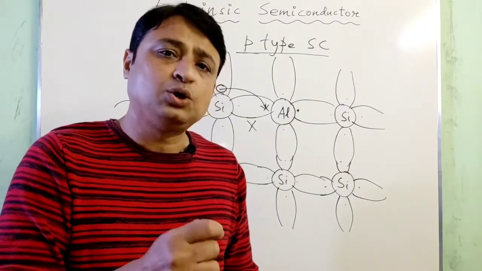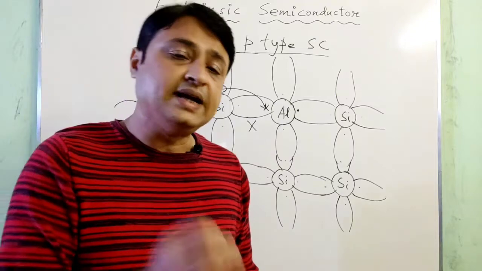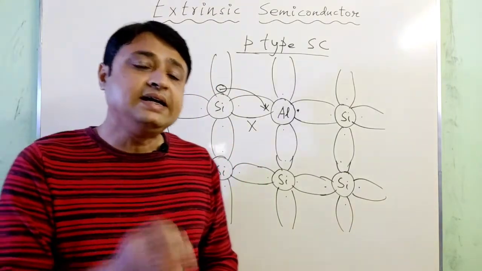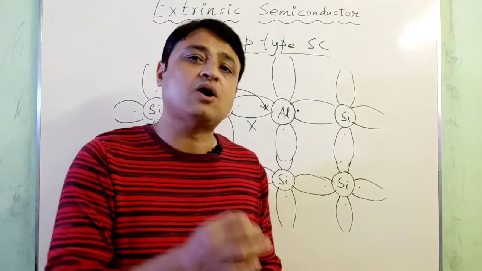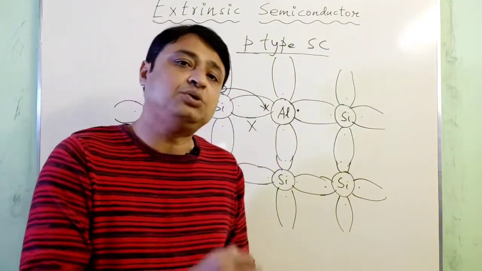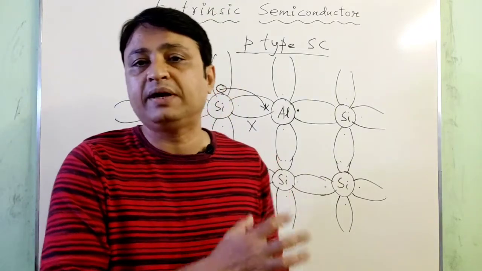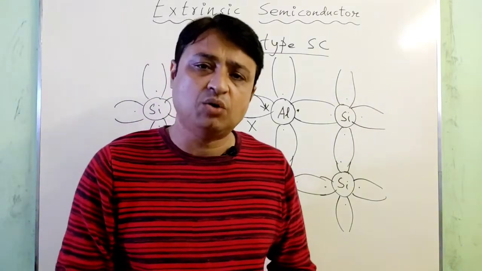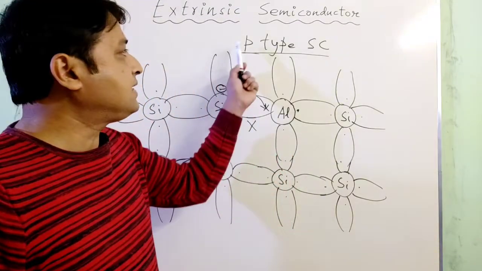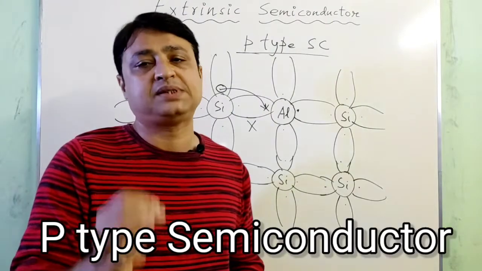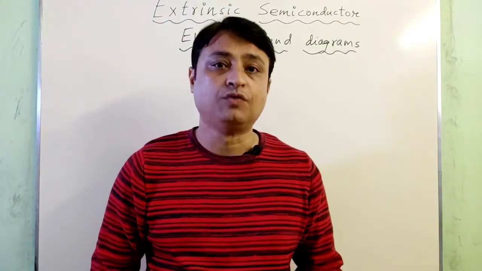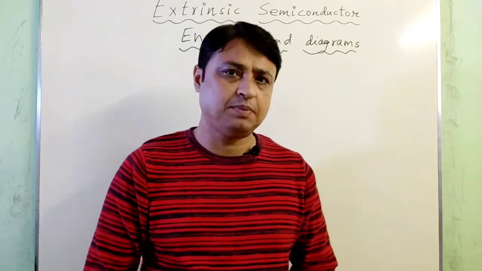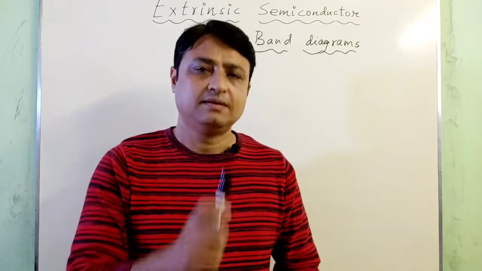If the doping concentration is again 10 to the power 10 per centimeter cube, then 10 to the power 10 positive charges, or holes, will be created inside this silicon crystal, and this is how we can create a p-type, or positive type, semiconductor. So now let's move on to show the energy band diagrams for a p-type and an n-type semiconductor in this video.